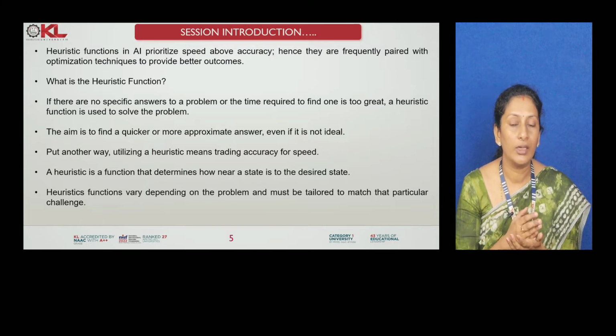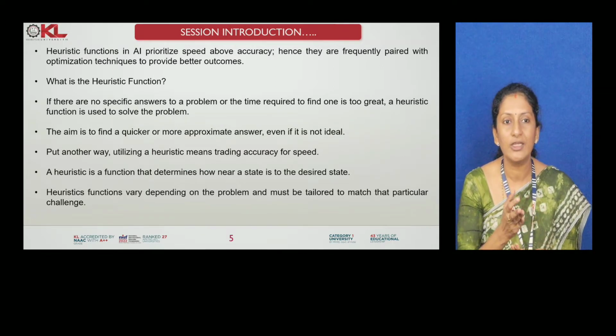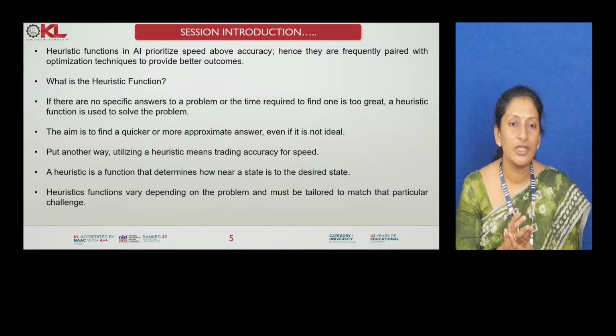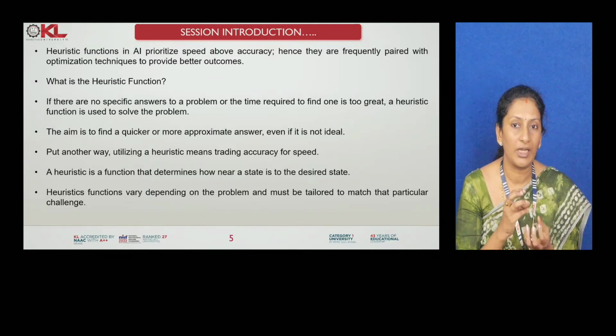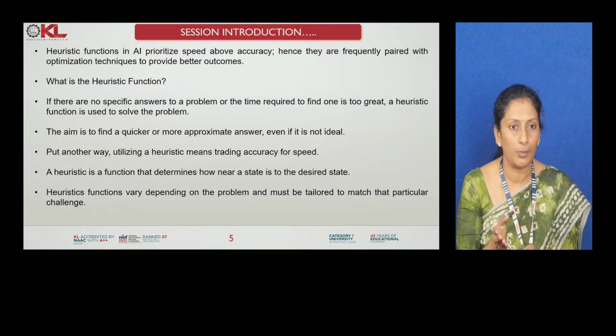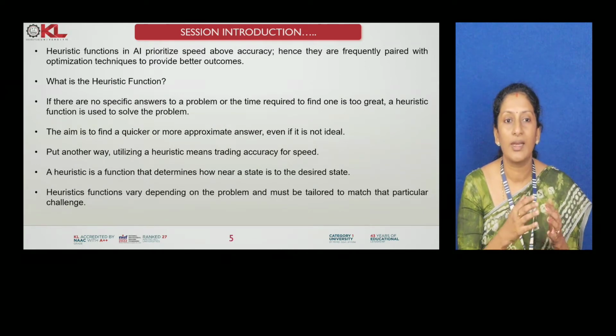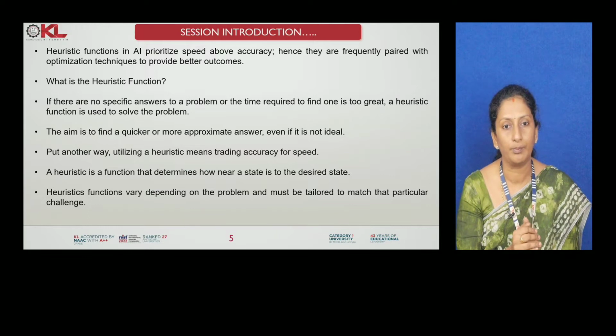Then what is a heuristic function? With a heuristic function, we try to find a particular value for every state of the problem using a particular function. We use that value to choose our next state in solving the problem.